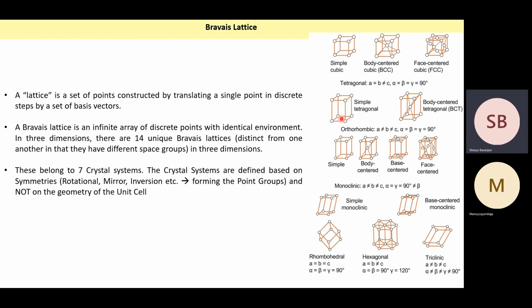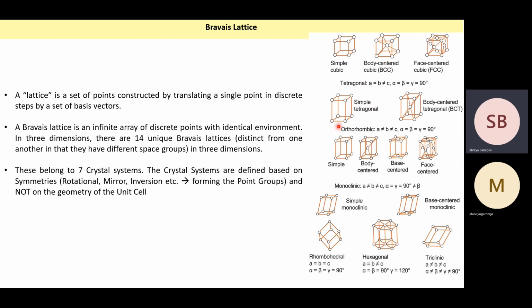And alpha, beta, gamma are all 90 degrees. In the tetragonal system, you can have two kinds of Bravais lattices. Simple tetragonal with a lattice point at the corner, and body-centered tetragonal with a lattice point at the corner and one at the body center.